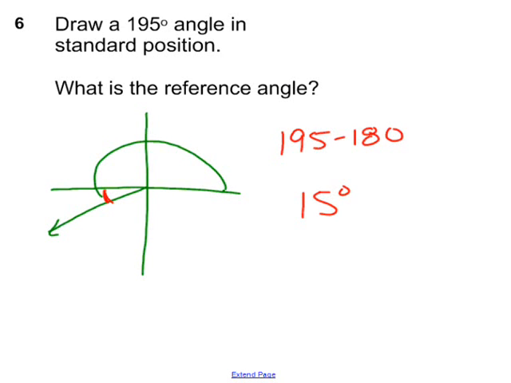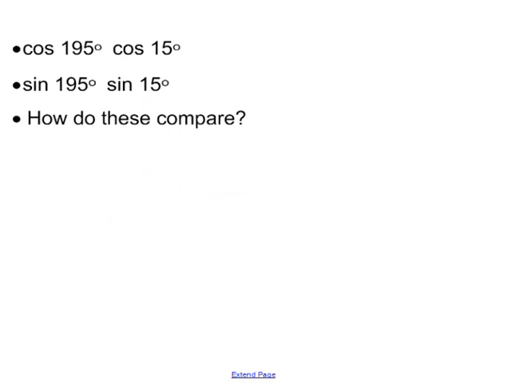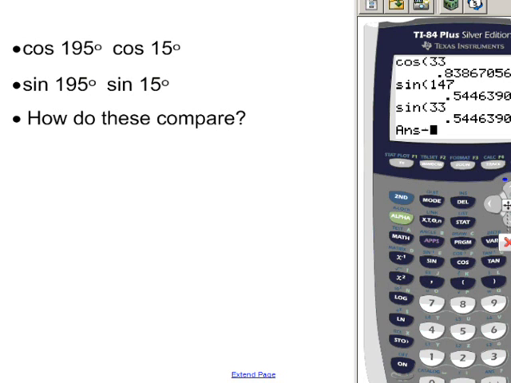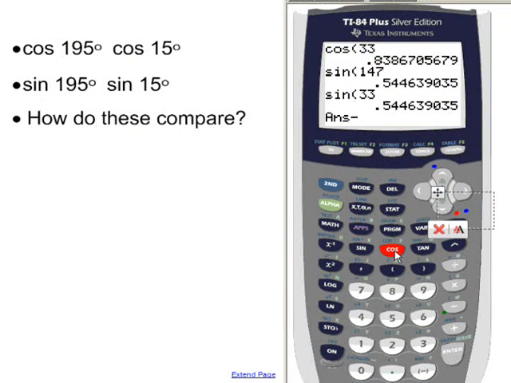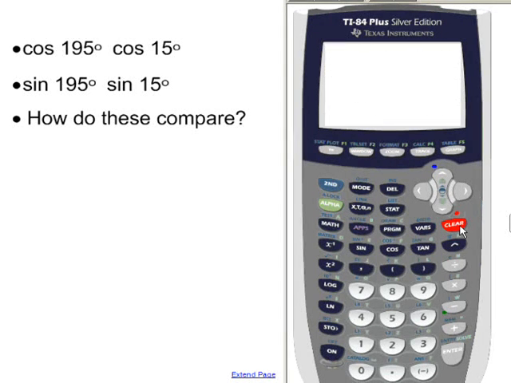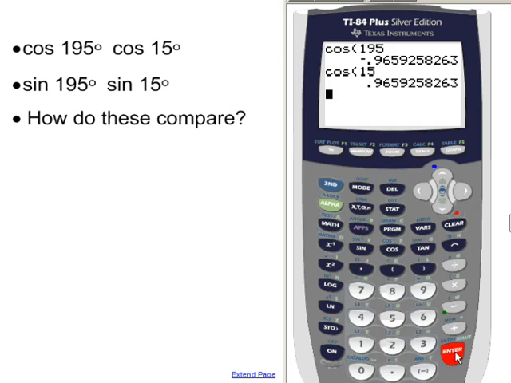Now if I go and check, what is cosine of 195 versus cosine of 15? Again, this one, cosine switches signs.